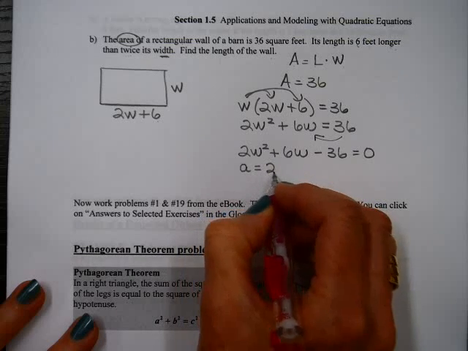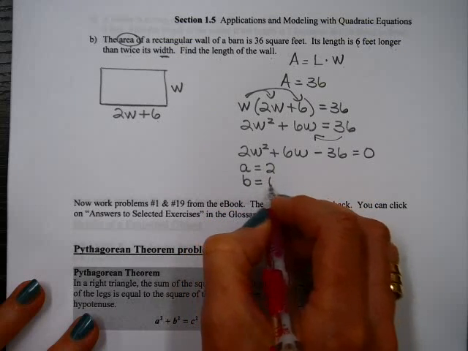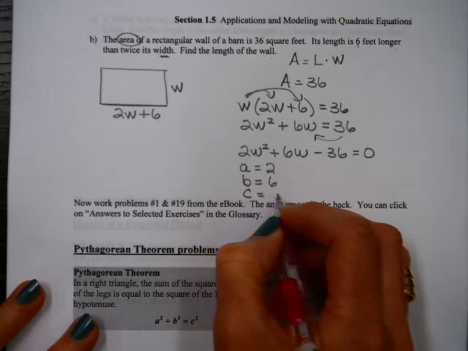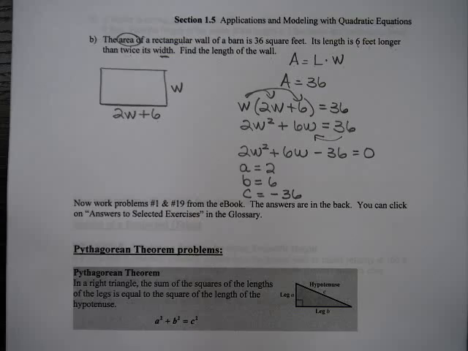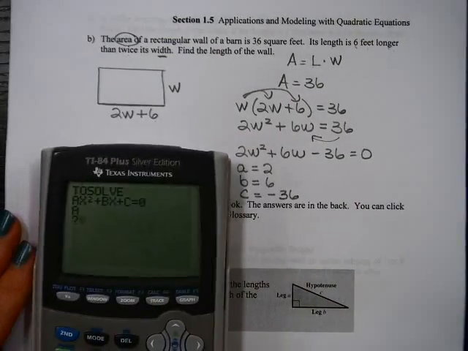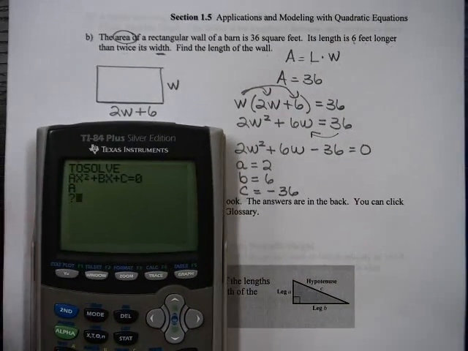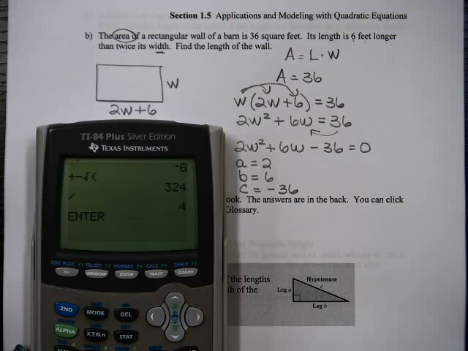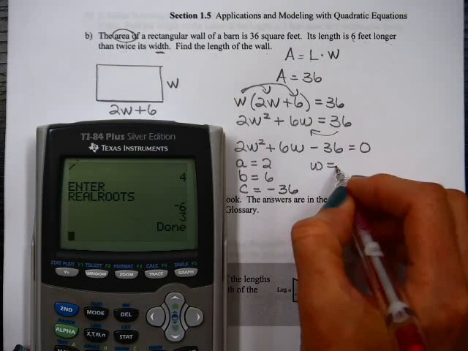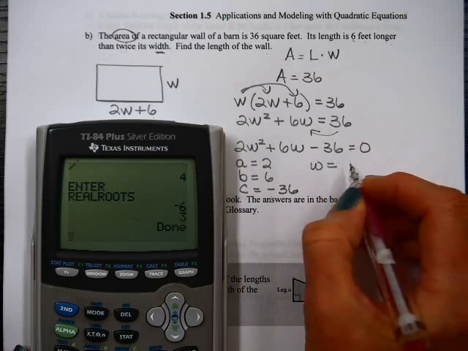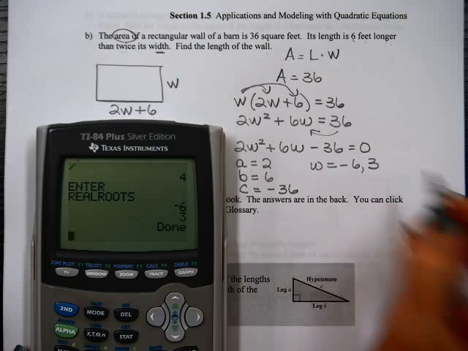A is going to be 2, B is going to be 6, and C is going to be negative 36. Make sure you use the negative 36. Hit enter one more time, and we got two answers again. W, which is our width, is equal to negative 6 and 3.